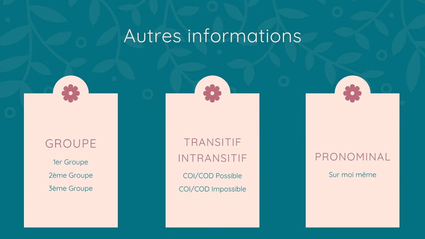Another thing you might see on those conjugation tables is transitif ou intransitif. That sounds a bit weird. So when you have a transitive verb, that means you can use the COD. For example, the verb I used as an example before, manger. Je mange quoi? Here I can put a complement. So that's going to be a transitive verb. If you can put a direct complement, je mange quoi?